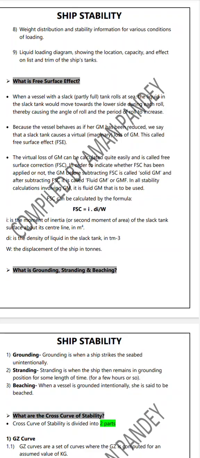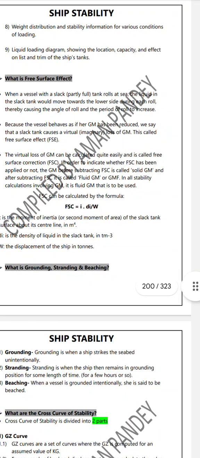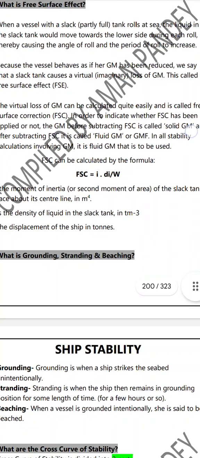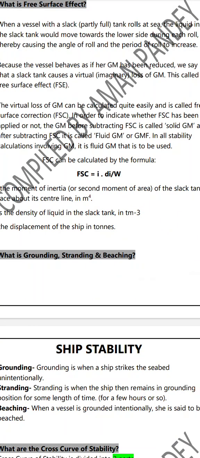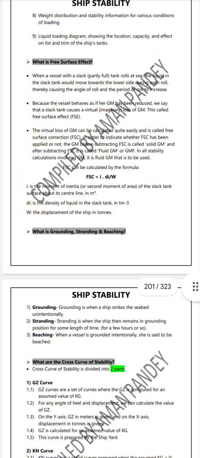So this is basically inertia into density divided by weight.